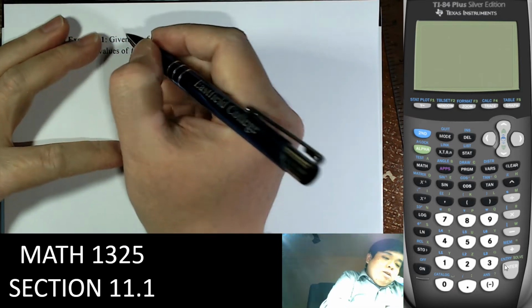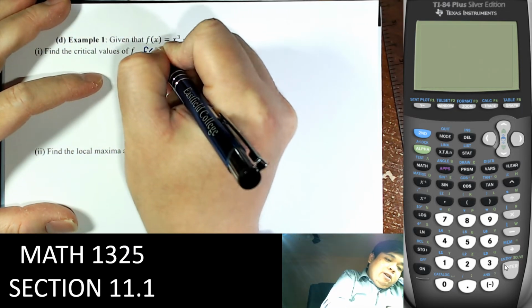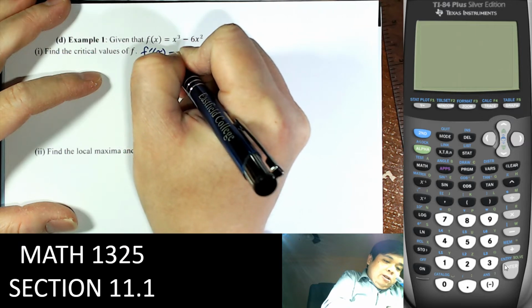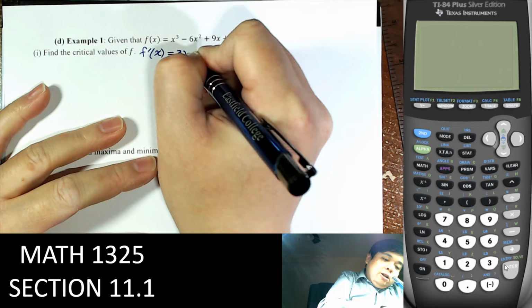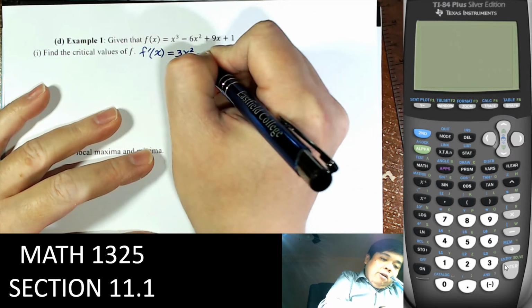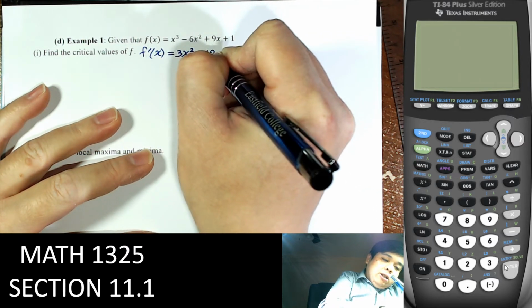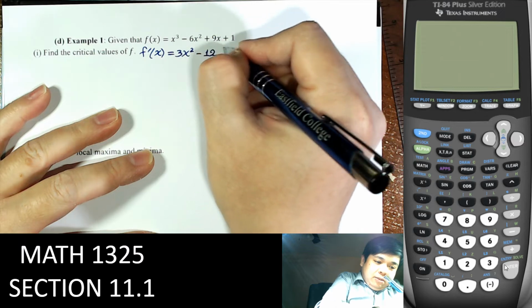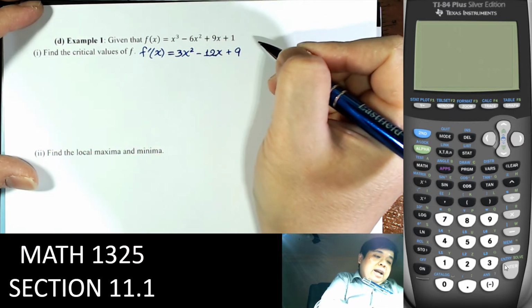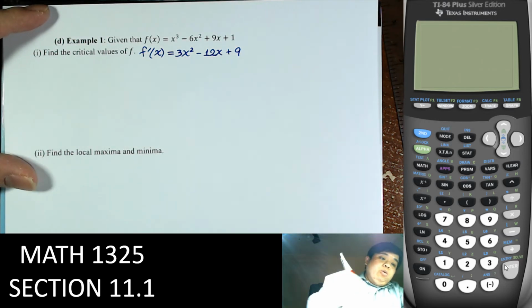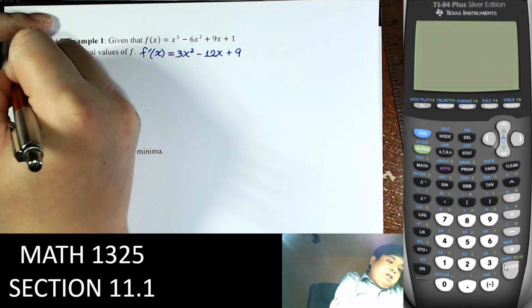Right. So first of course, we take the derivative. Right, that gives us 3x squared minus 12x plus 9. And then we'll find critical values, so derivative equal to 0 or does not exist.